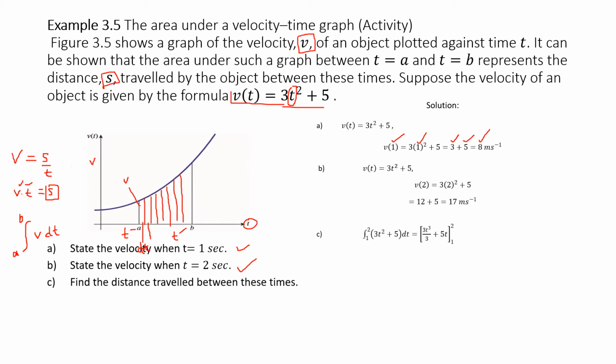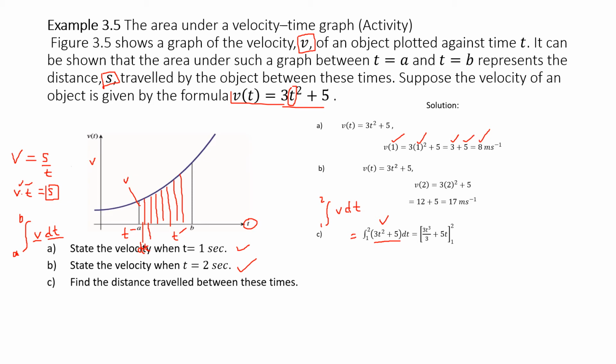Now they are asking about the area, or the speed, the distance. So I told you that it is v dt, and this is v actually. I write again for you, v, t from 1 to 2 is equal to this.